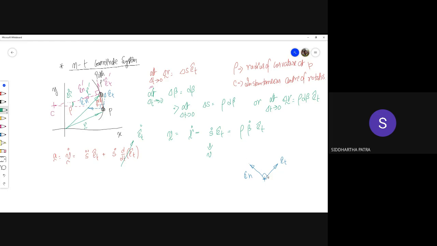Now let's try plotting et prime, which is the tangential direction at P prime. Basically, it means it makes an angle of d beta with et, and the same thing happens to En prime.